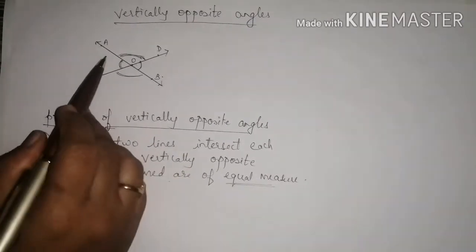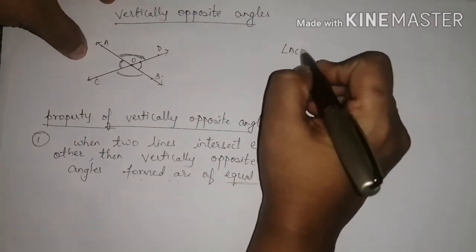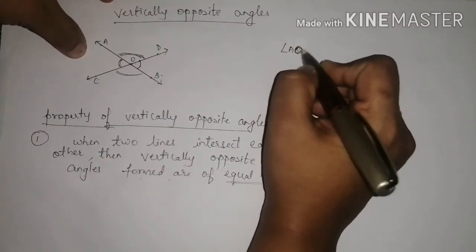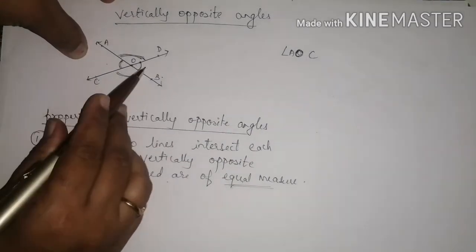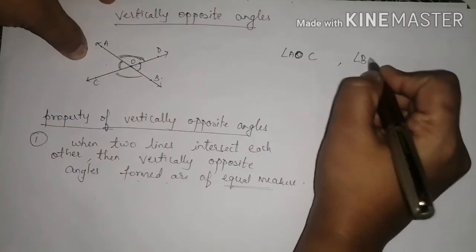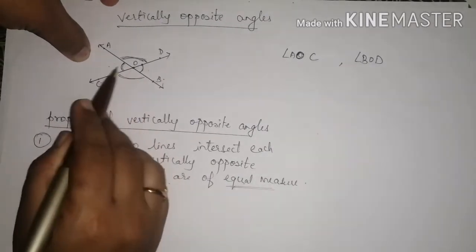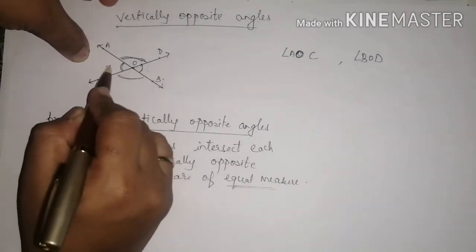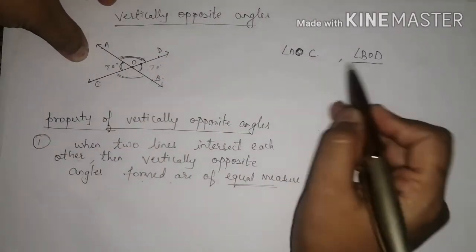Equal measure. Now see children, first if I take this angle, angle AOC, opposite to this angle is which angle? In front of this, angle BOD. So these two angles will be of equal measure. Say if angle AOC is 70 degree, then angle BOD will also be 70 degree.